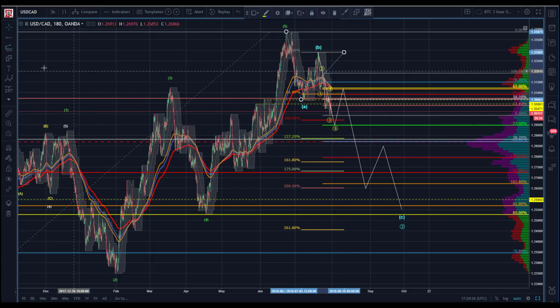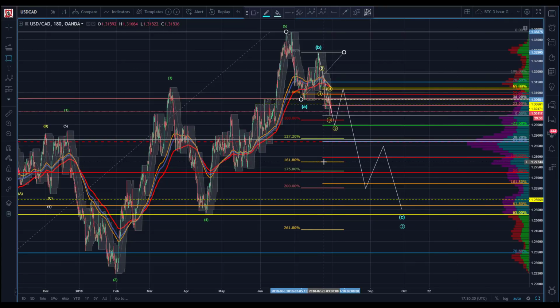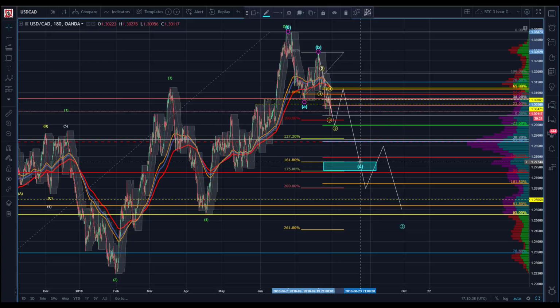So interestingly, here's my golden zone area, or pardon me, my high probability zone for a wave 3 here relative to this AB. So this would be a reasonable candidate for a C here at the 50. So if we think about that, then everything has to be reduced. So maybe we get a diagonal of some sort here.